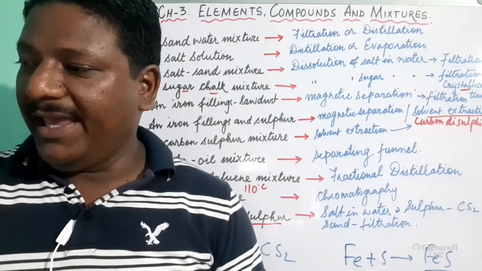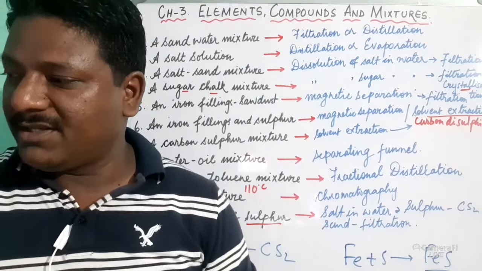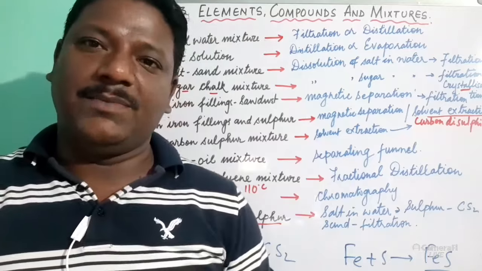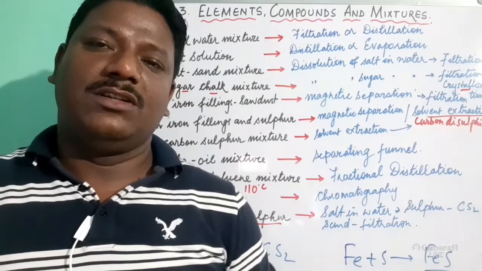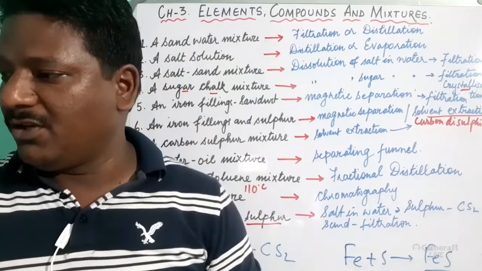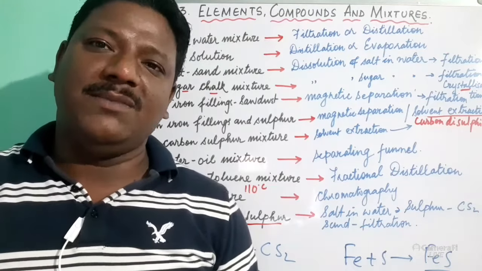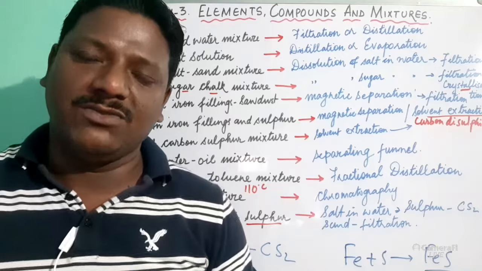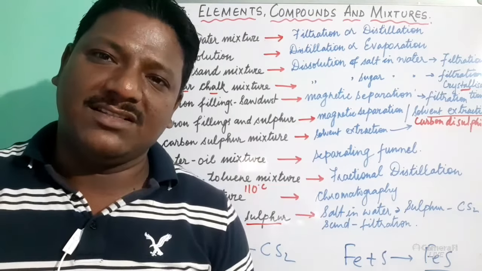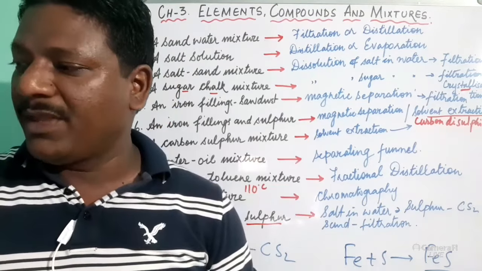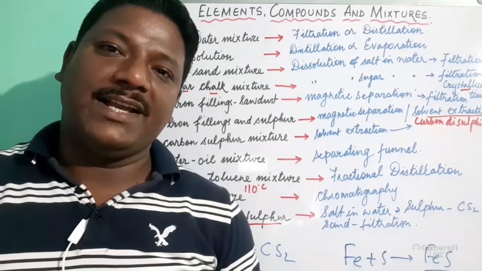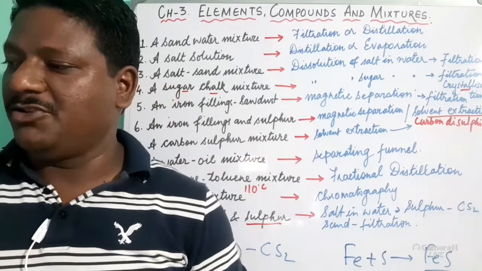Number 3, air is a mixture of elements and compounds. Yes, number 3 is true, because air is a mixture of elements and compounds. There are elements, oxygen, hydrogen, argon, nitrogen, and compounds, carbon dioxide and water molecules, that is H2O.